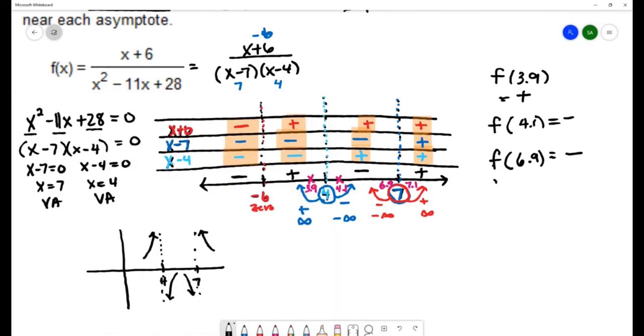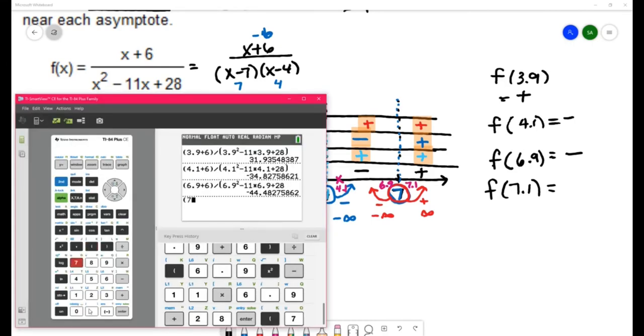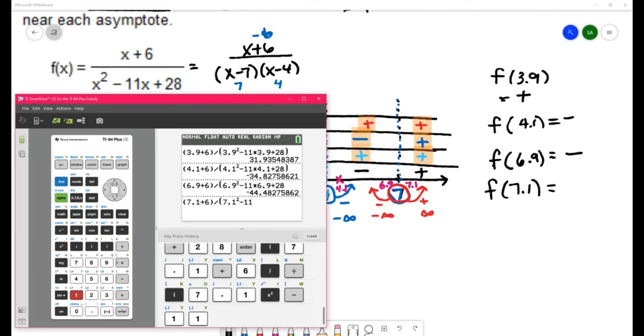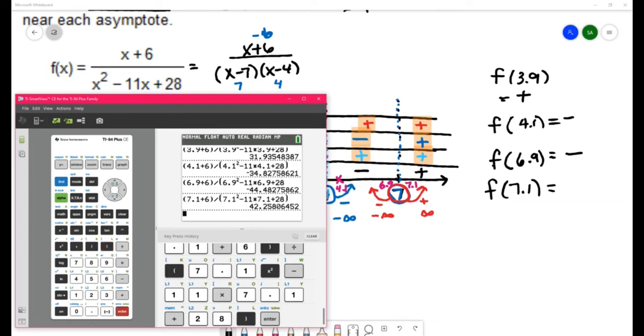And then f of 7.1 gives us 7.1 plus 6 divided by 7.1 squared minus 11 times 7.1 plus 28, and we get a positive.